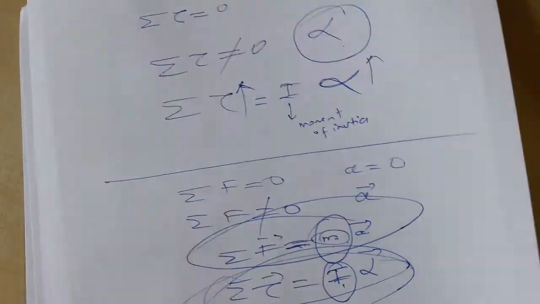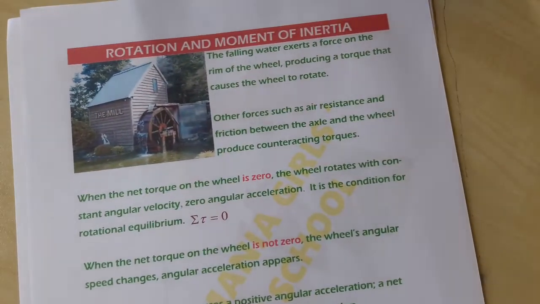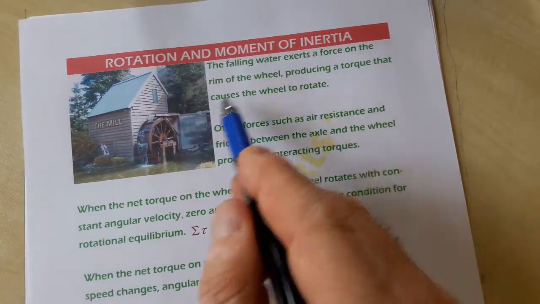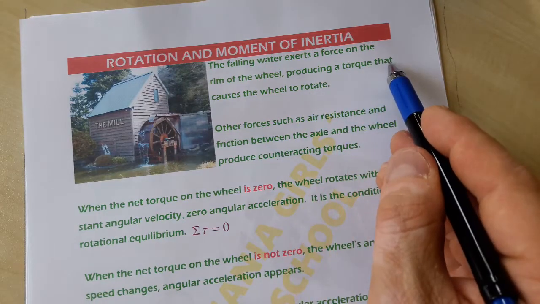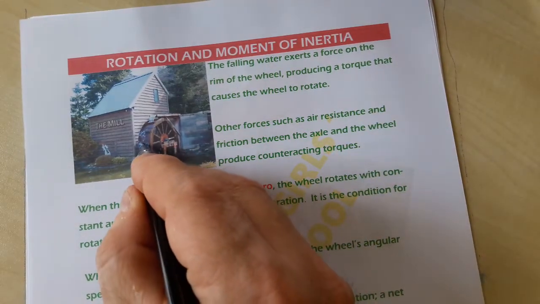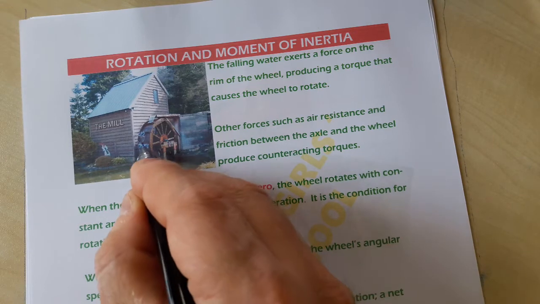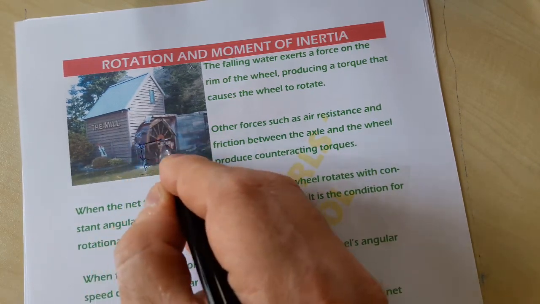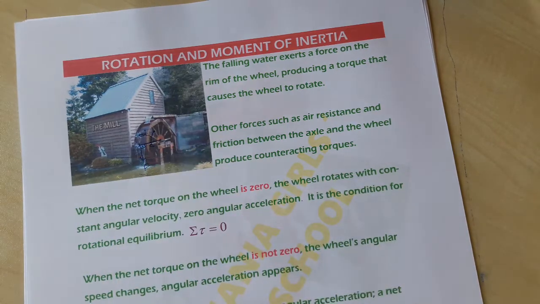Now let's get back to the text. The falling water exerts a force on the rim of the wheel, producing a torque that causes the wheel to rotate. If water applies a force here, it produces a torque there and causes an angular acceleration.